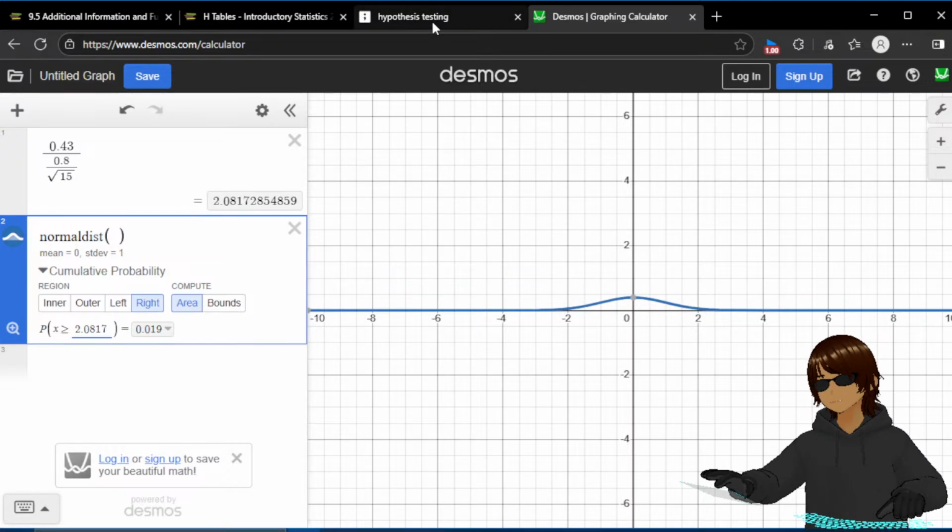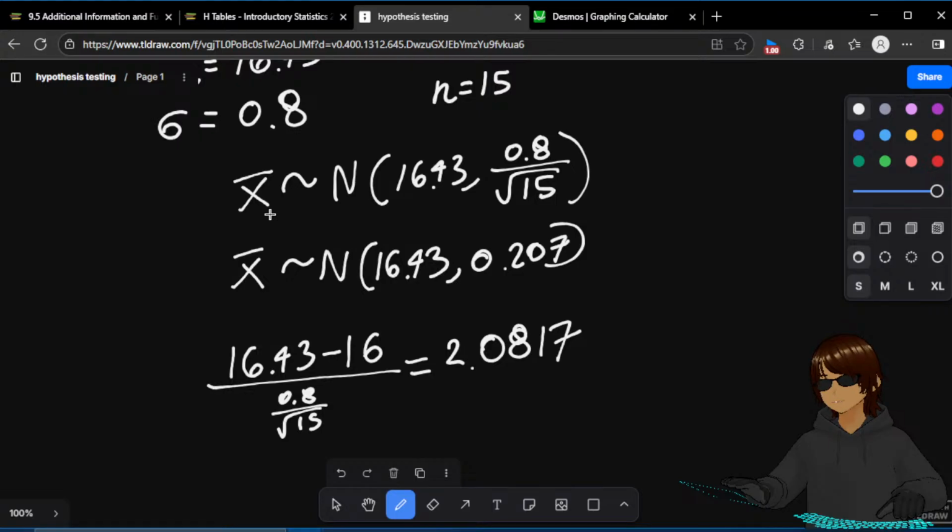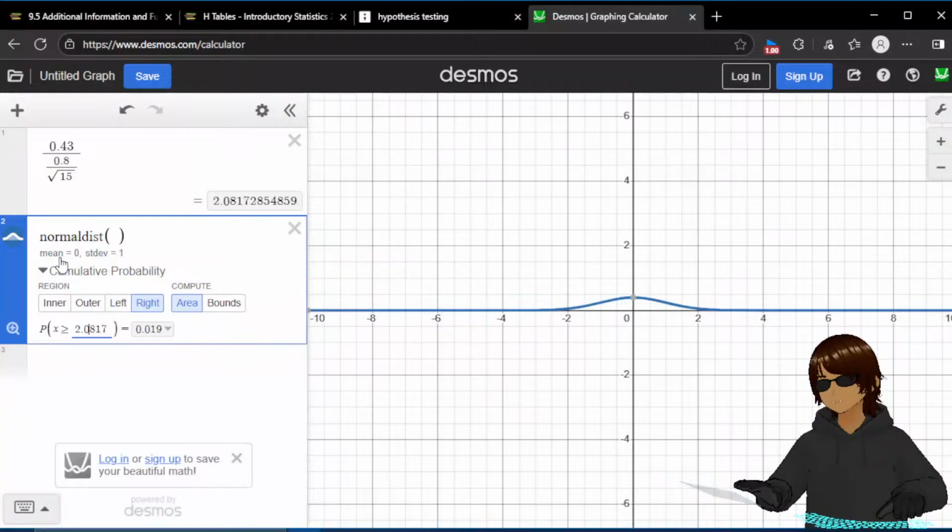Wait, 16 seconds is smaller than 16.43, right? The mean is 0 and standard deviation 1.